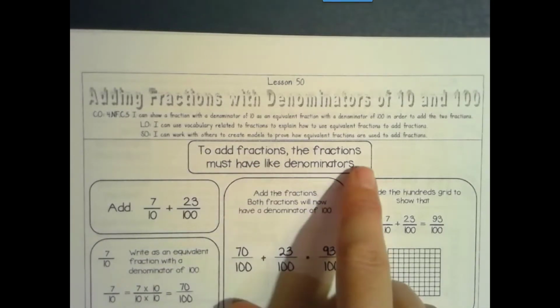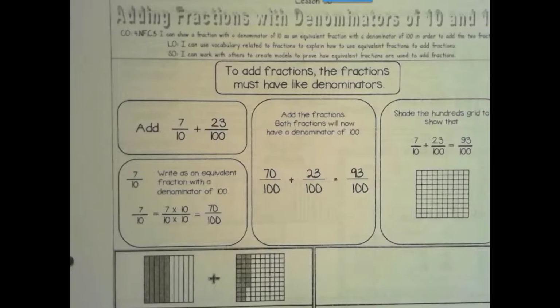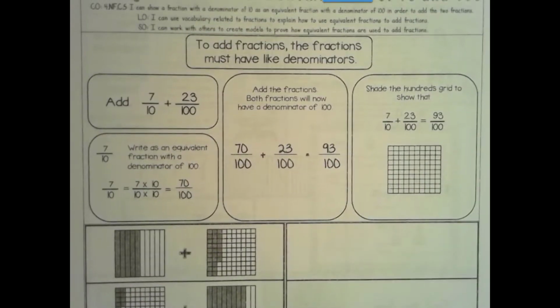To add fractions, the fractions must have like denominators. That is what we've been doing when we've been adding and subtracting fractions and mixed numbers. They have always had the same denominator, or common denominators, like denominators. When you get into 5th grade, that won't be the case. You will be adding and subtracting fractions with unlike denominators.